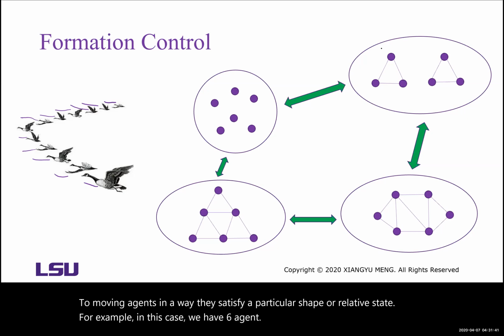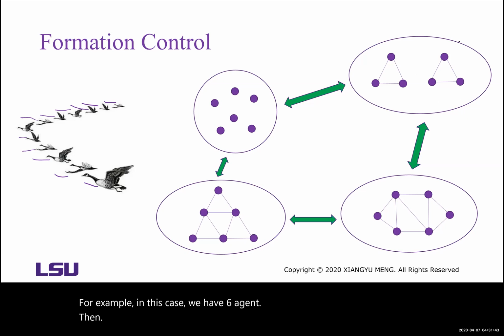Then the 6 agents can be separated into 2 groups, and each group can form a triangular shape. And the 2 groups can join together to form another shape. Then the formation can be changed to form another shape.